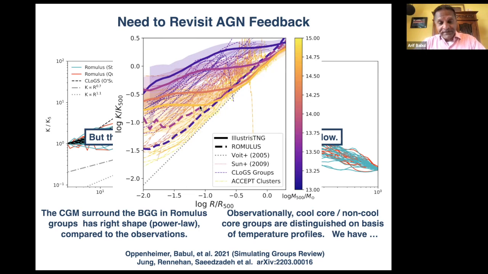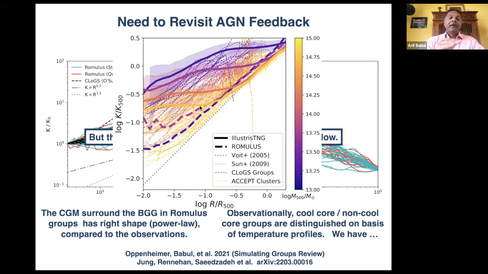What is really interesting here, and worth taking note of given some of the talks that we've had earlier today, particularly those that reference Eagle and Illustris, is that Eagle, Illustris, and Simba do exactly the opposite. The bold solid colored lines are showing entropy profiles coming from Illustris in this case. We have results that look at Eagle entropy profiles as well, and we find that the gas is being overheated in these systems.